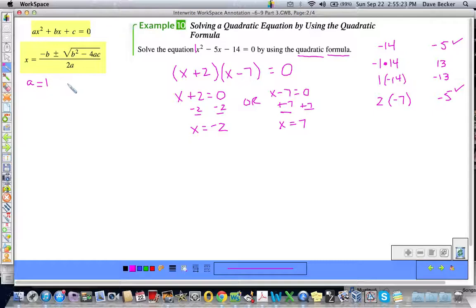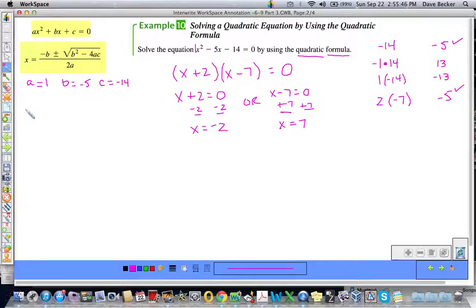So a equals 1. B is going to be equal to negative 5 right here, negative 5. And then c is equal to the constant, which is negative 14. And let's just pretend if there was nothing at all there, then c would be equal to 0. But there is something there, it's negative 14.